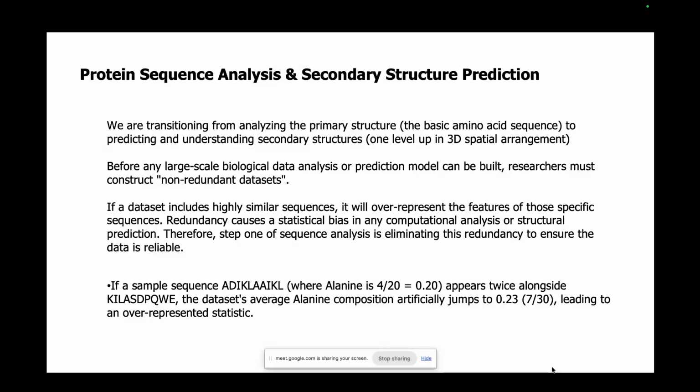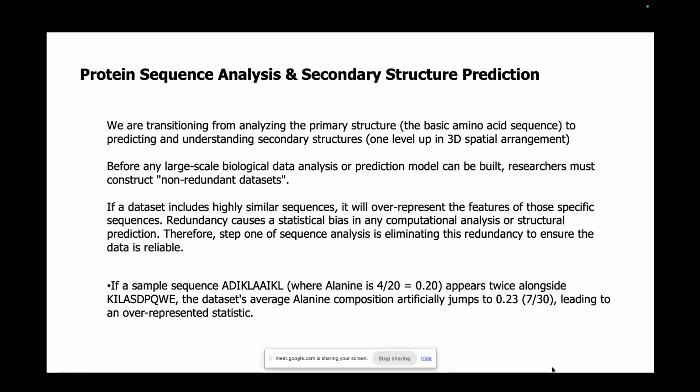So what is a non-redundant data set? If you are using a large-scale data set, or doing large-scale data analysis or some prediction, you build non-redundant databases. Basically, if you have some information in the database, you do not want it to repeat.